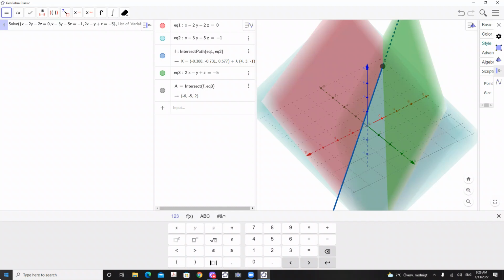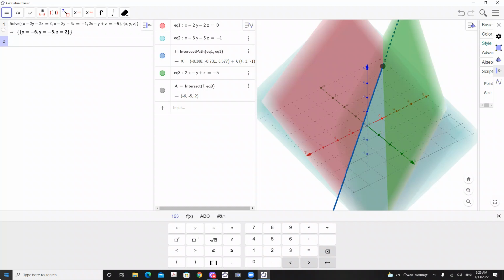And then after that you go to the list of variables, and then you write the list of your variables. They are x, y, and z. And after that you just press enter, and then you get these numbers. So the solution to this system is x equals to minus 6, y equals to minus 5, and z equals to 2. So that is also good to know.